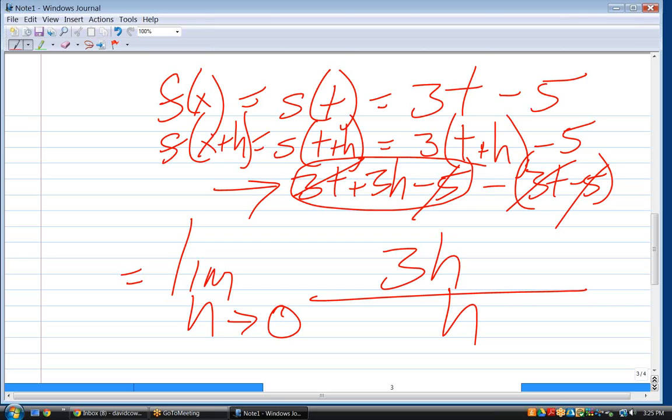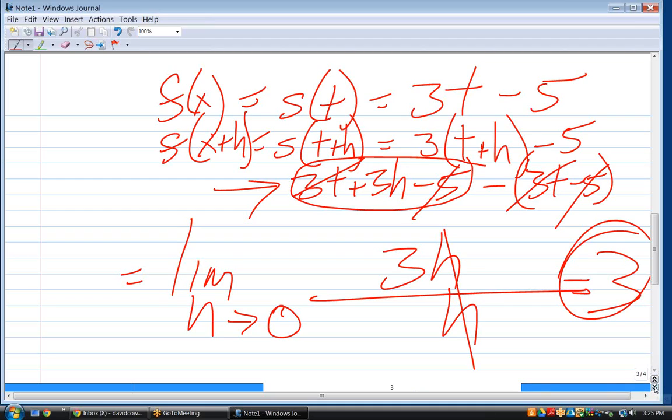What is the limit of 3h divided by h as h goes to 0? 3. Yeah. The h's I can cancel. I don't care if h is going to infinity. The limit of 3, regardless of what h is going to, is 3. So the velocity is 3 everywhere.